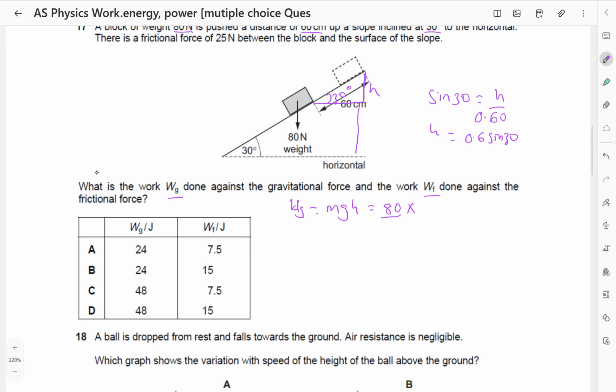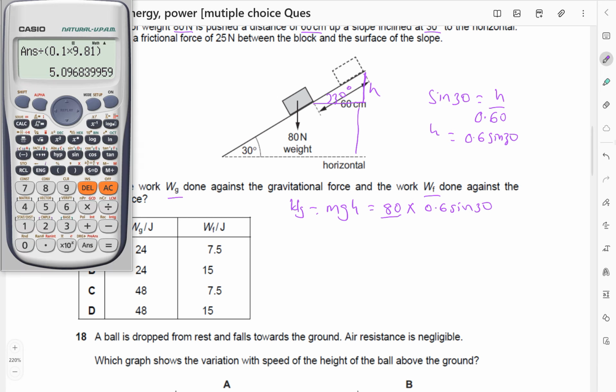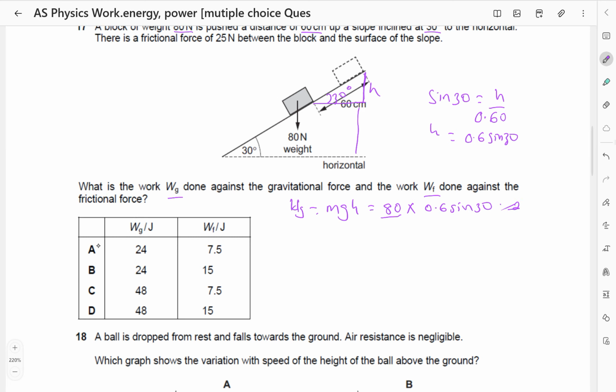So mg times h is 80 times 0.6 sine of 30. That is 24. So Wg is 24, so we eliminate C and D.